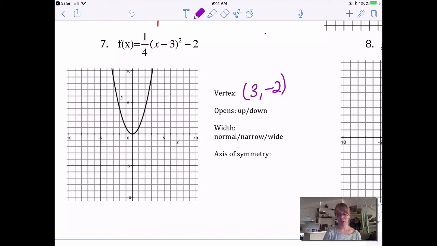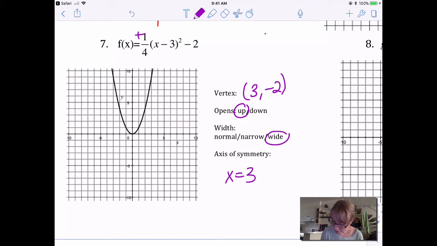Hopefully you saw that you had to switch the sign on your 3 to be a positive 3, and then negative 2, the sign stays the same. This still opens up because the 1/4 out front is positive, but I have a wide graph here because I'm taking my parabola and I want to make it 1/4 as tall. So I'm going to squish it down, which means it's going to get wide. And axis of symmetry, match your x value, and I can go ahead and graph.